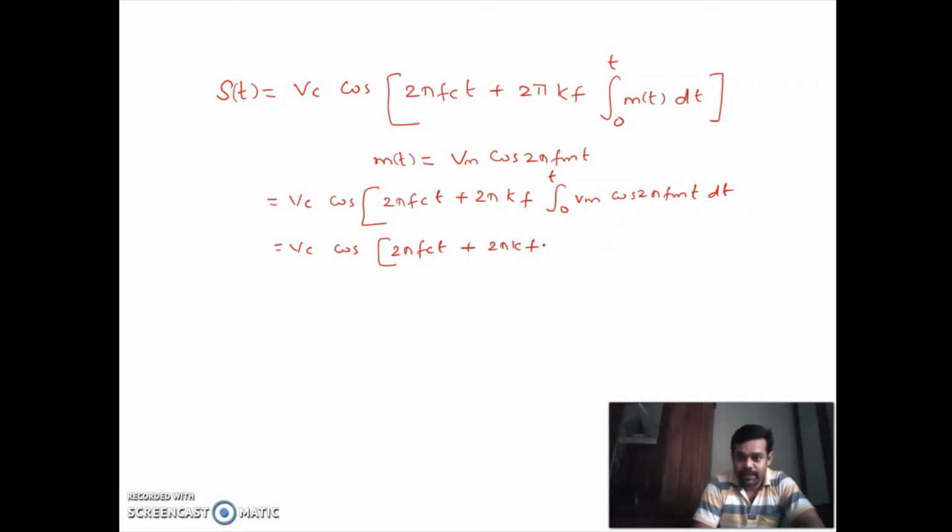This Vm is constant, so we can take it outside, leaving integration 0 to t of cos 2 pi Fm t dt.